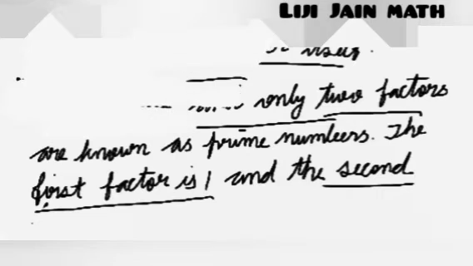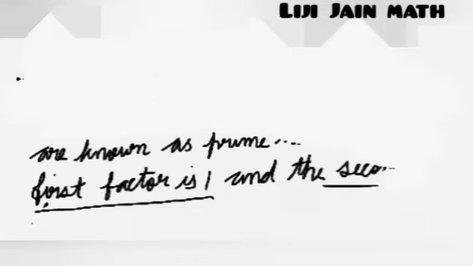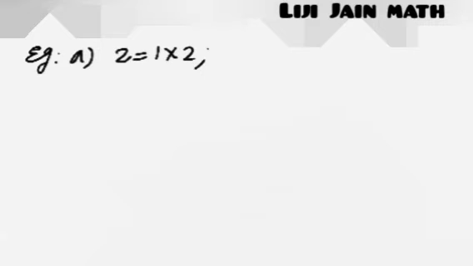Now let's write down some examples of prime numbers. Example A. 2 is equal to 1 into 2. There are no other possibilities for writing 2 as the product of 2 numbers.